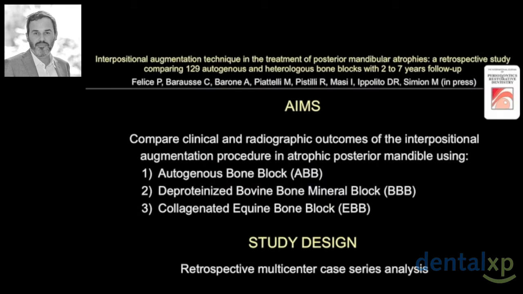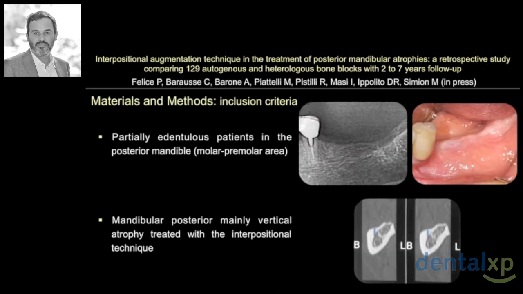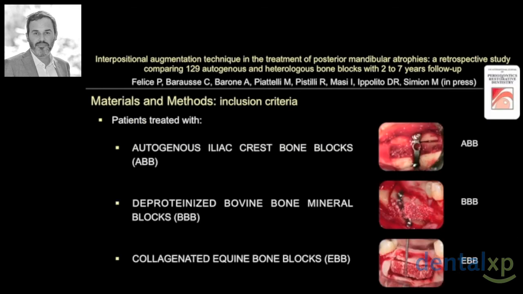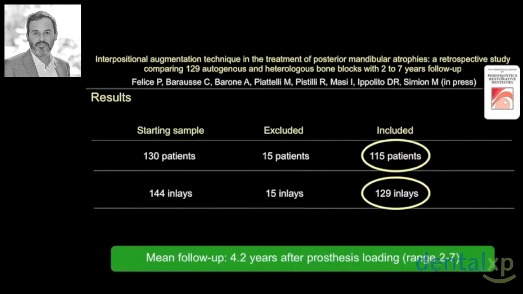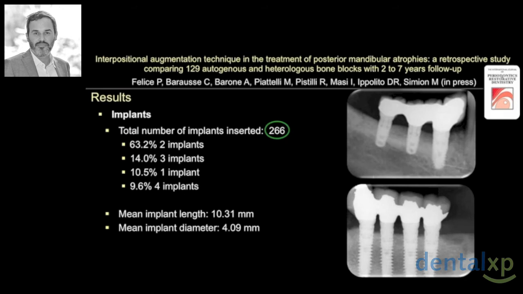We collected all the inlay procedures done in the past 10 years, and our patients have this characteristic, only atrophic posterior mandible. These are the materials we compare. And these are the intervention and the patients. More than 120 inlay procedures, and we analyzed 256 implants.